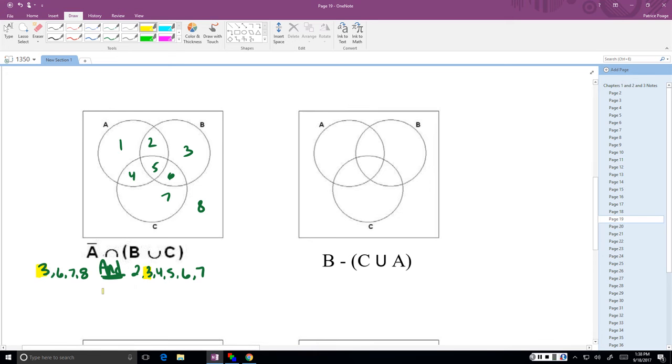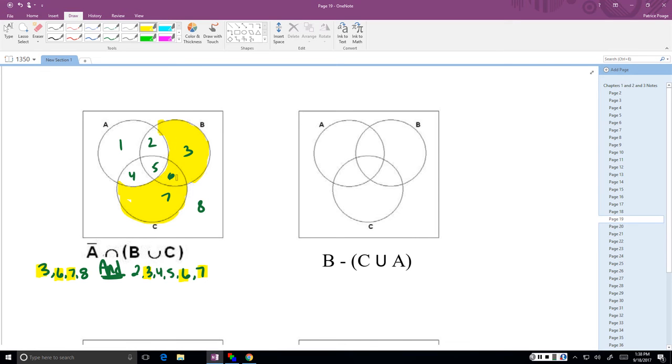So they both have a 3, they both have a 6, and they both have a 7. So those are the parts I'm going to shade, 3, 6, and 7. Question on that one? Okay.